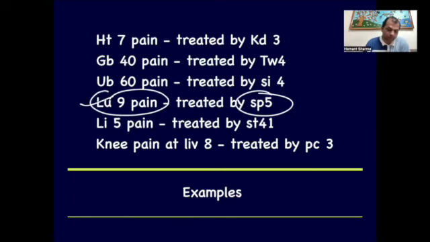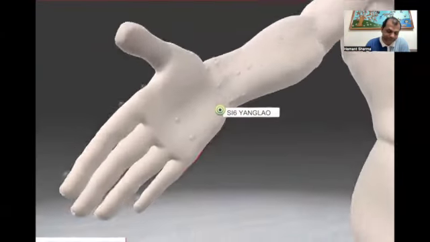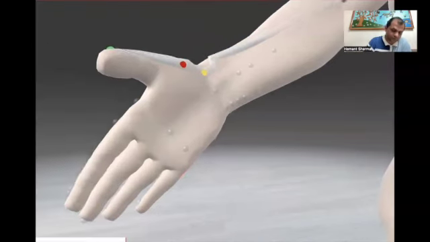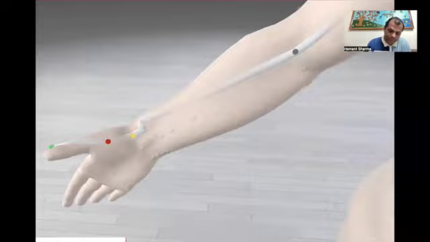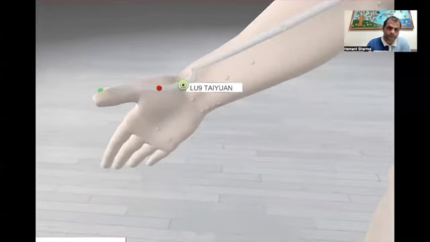Okay, pain of lung 9 will be treated by spleen 5. Where is lung 9? So if you see the lung meridian, this is the lung meridian, and this is lung 9.